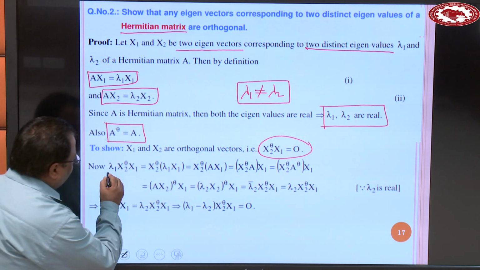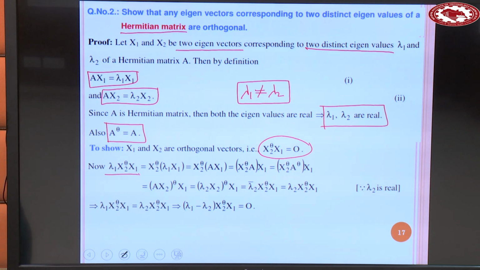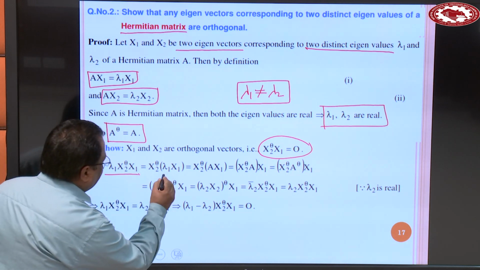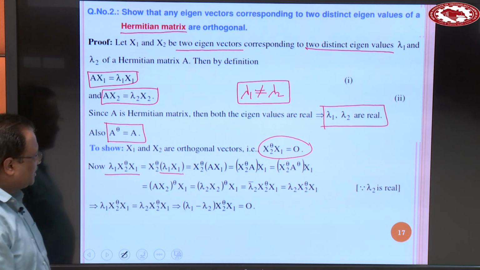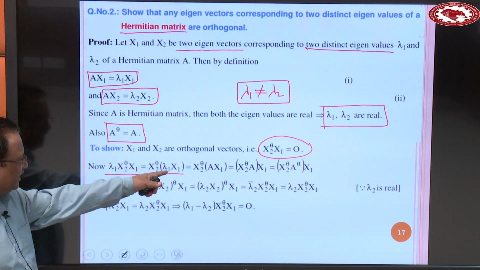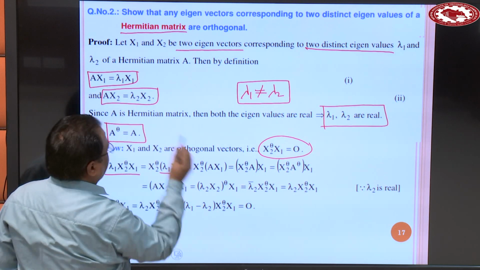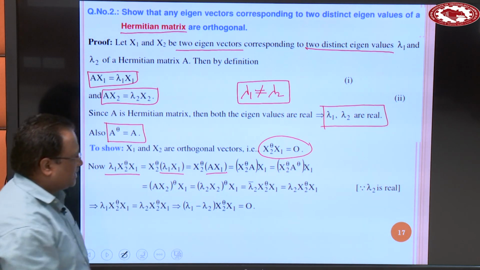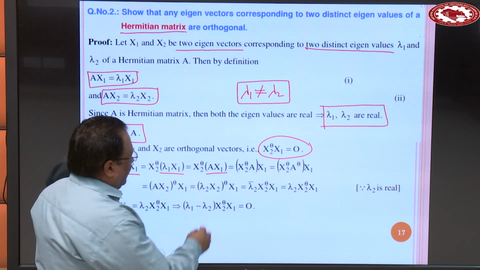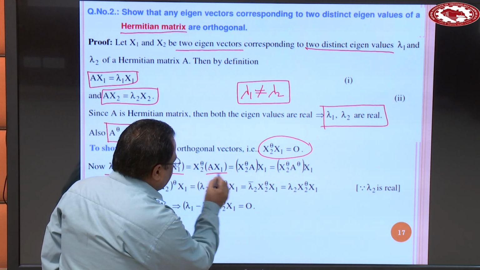So start again from lambda 1 x2 theta x1. Clear? Now this term can be written like this: x2 theta, taking lambda 1 inside, lambda 1 x1. But lambda 1 x1 is Ax1. Clear? Ax1. And this A we join with the other factor.